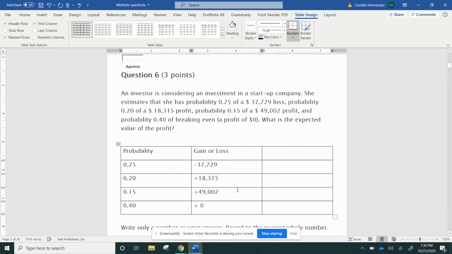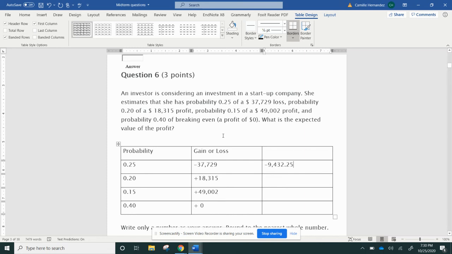All right. So I want to find what I got. The first one, 0.25 times negative 37,729, gives me negative 9,432.25.